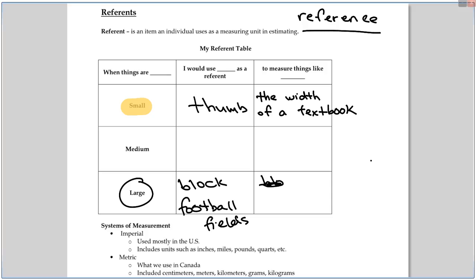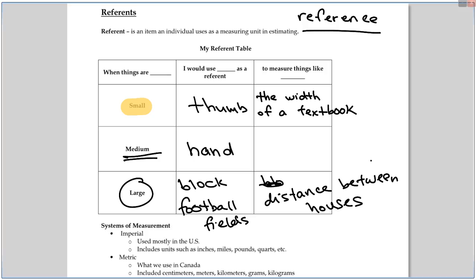Okay, so this is to measure things like distance between houses or something like this, or how far to the store. And then when things are medium, a common one is a hand. If you've ever worked with horses, that's what they use.